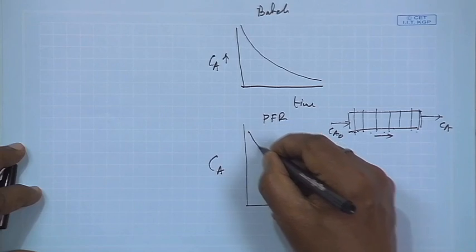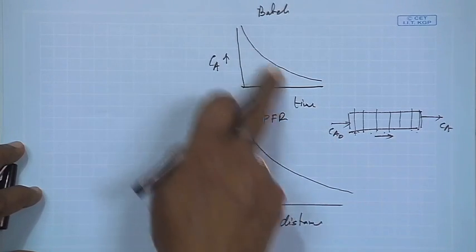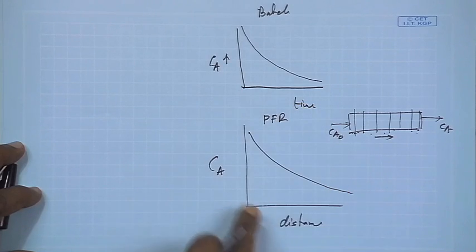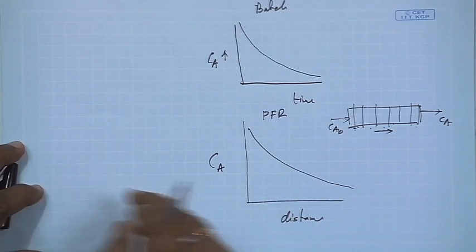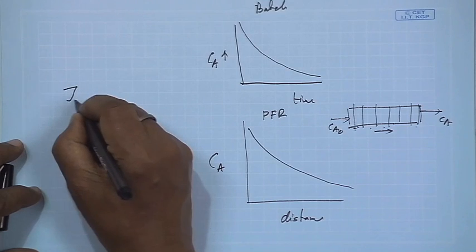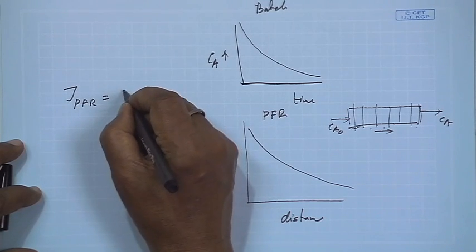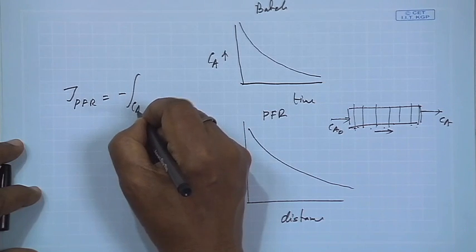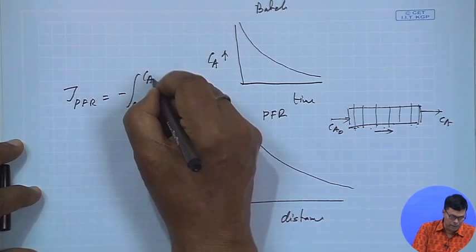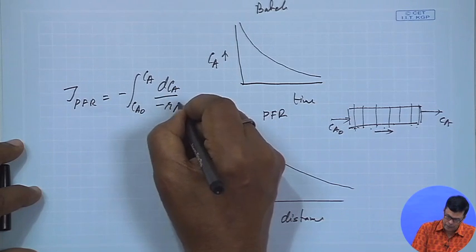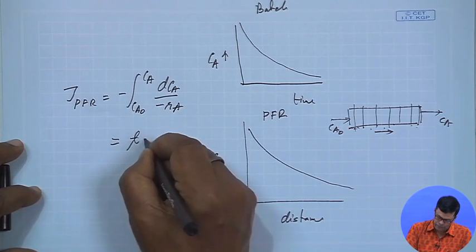If you plot this, you will also find this, so you can easily find a similar correlation. This is with respect to time, and this is with respect to distance. That is why, in a plug flow reactor, tau is equal to minus the integral from CA0 to CA of dCA over minus RA, and it is the same as the batch.